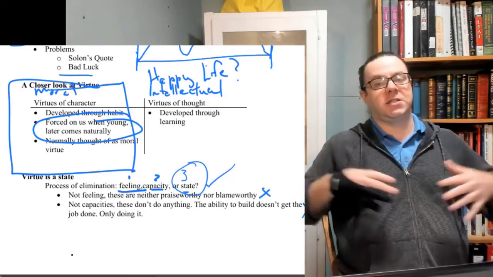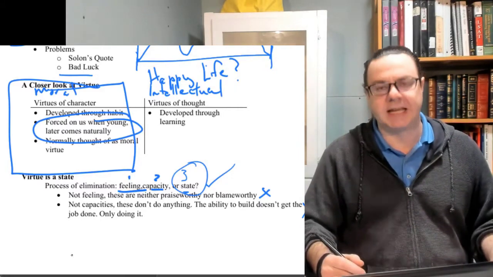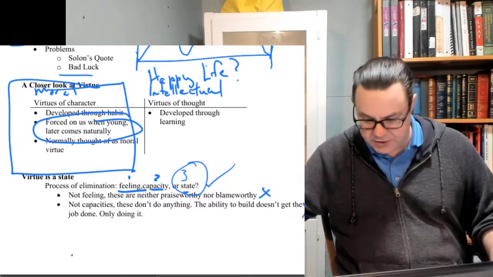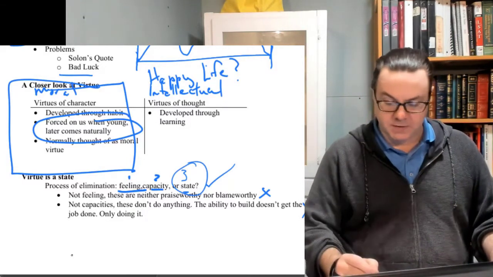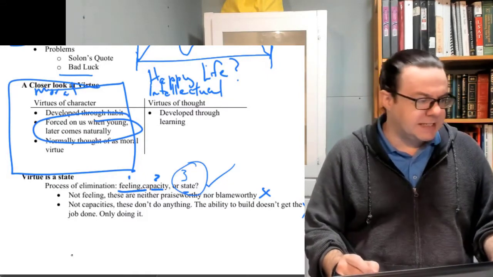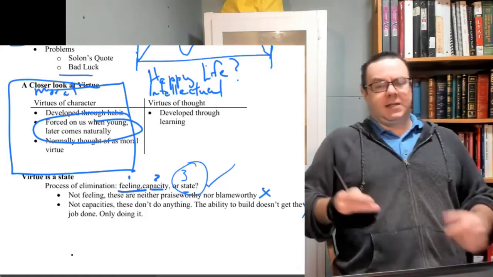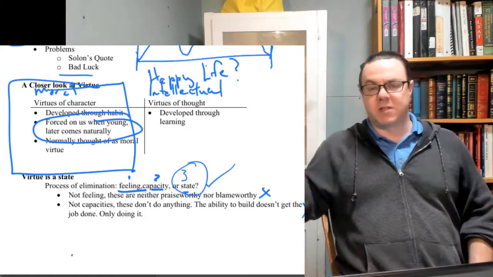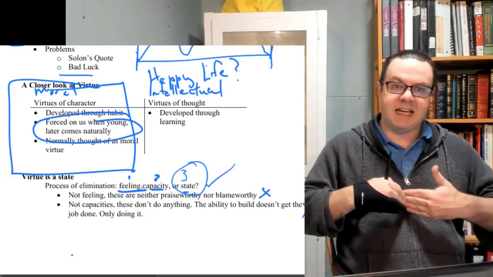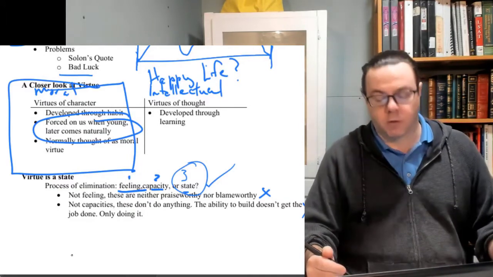It's the way the person is, as opposed to here's a list of things you're supposed to do, and then the person just does those things. So you've got to have this internal state that corresponds to it. And one of the things he says about it later on is that it has to be stable. So it can't just be that you're forcing yourself to do the right thing today. It has to be that you have this internal state which causes you to do the right thing almost every time or all the time.